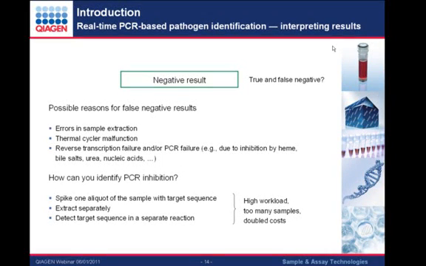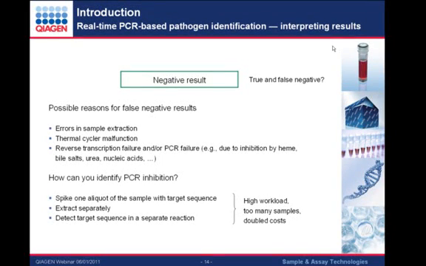But probably the most common cause for false negative results is the failure of reverse transcription or of PCR amplification due to inhibition. Typical inhibitors which might inhibit PCR and which can be carried over into the PCR are heme, biosalts, urea, but also high amounts of background nucleic acids can cause inhibition.